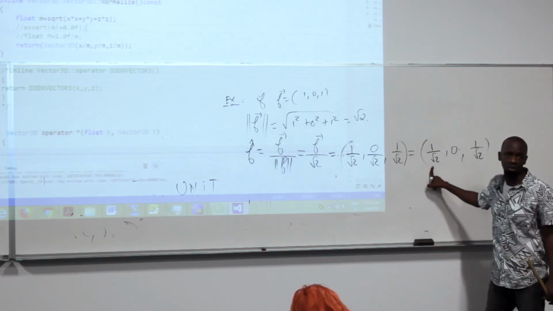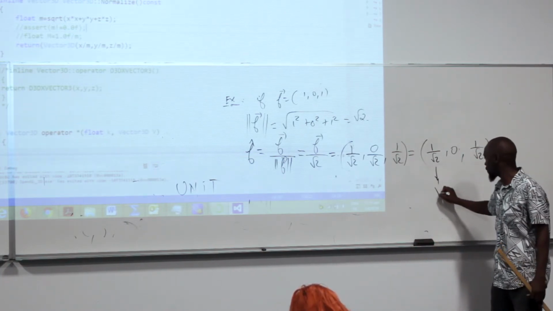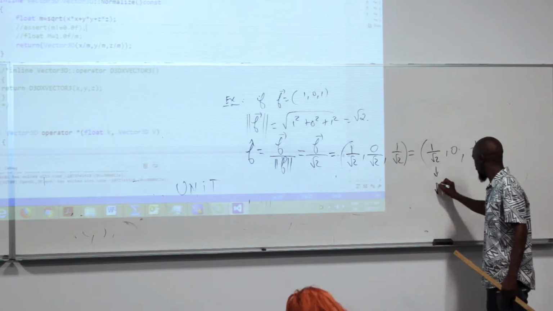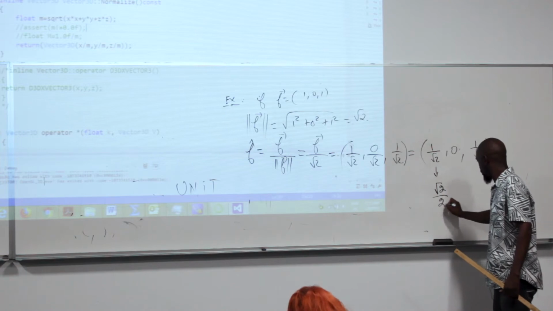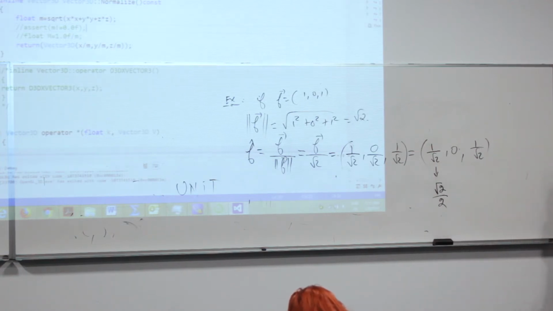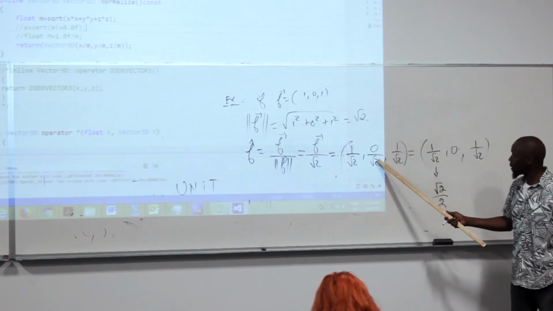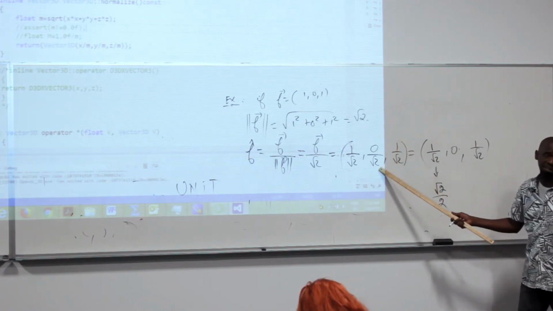You can leave your answer this way, or if you want, you can rationalize it. It's the same as the square root of 2 over 2, but you can leave it in this way. But if you go back and leave your answer this way, that's not good. Please.